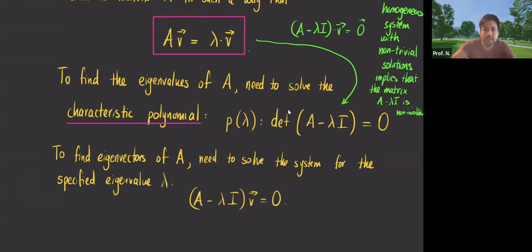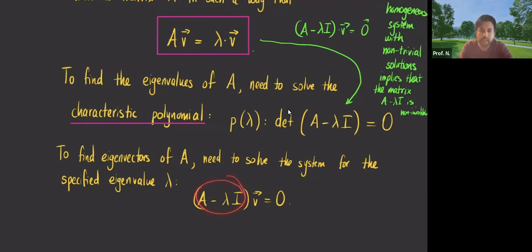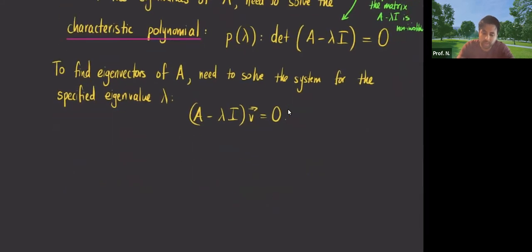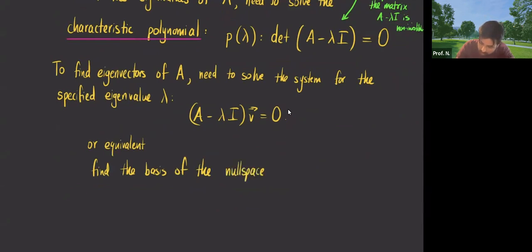Whenever we have a specified eigenvalue, to find the eigenvector associated with it, I replace the lambda with the specific number, and then I find the null space, essentially. Or equivalently, find the basis of the null space of A minus lambda I.